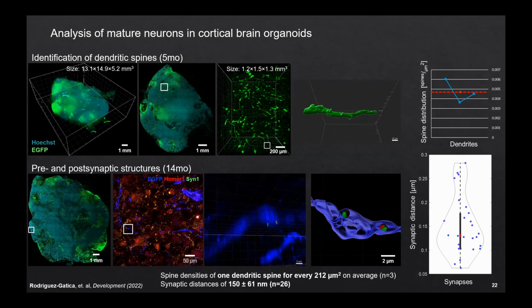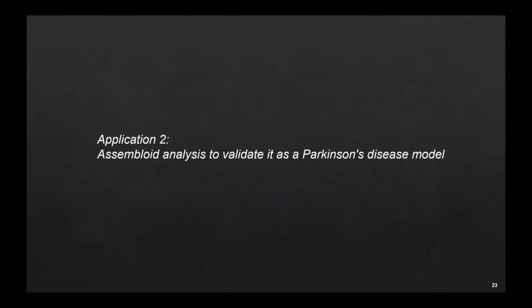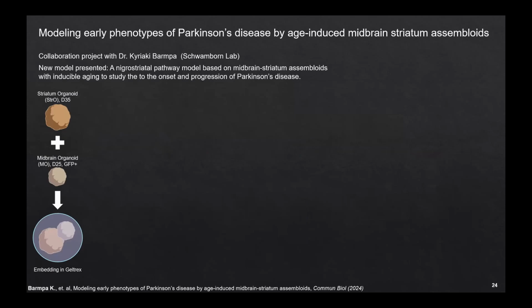I would like to show you now a different example that is with assembloids. This time it's a collaboration that we did with the university in Luxembourg, where they create these assembloids with a striatum organoid and a midbrain organoid. And in order to keep these two organoids together and generate this assembloid to recreate the nigrostriatal pathway, they have to embed the sample in something that is called Geltrex.